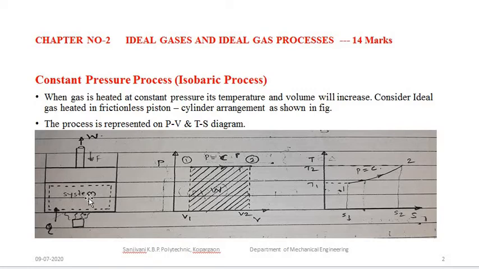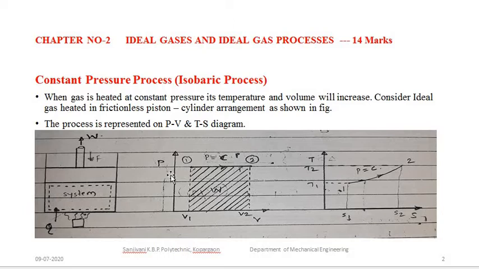Now we can represent this constant pressure heating process on the PV and TS diagram. We have the initial state point, so we can measure all the properties like pressure, volume, temperature, specific enthalpy, specific entropy.